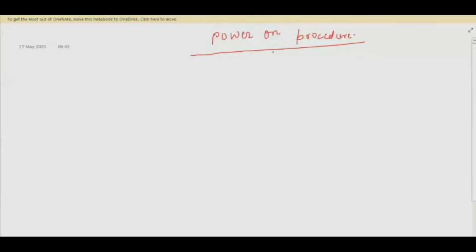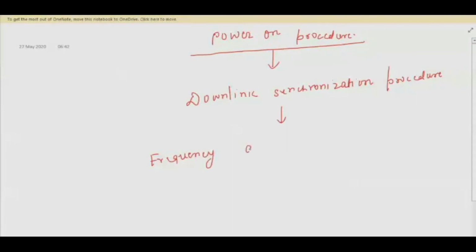If they ask either the power on procedure, or the downlink synchronization procedure, or the frequency and time synchronization procedure, all the questions are the same.